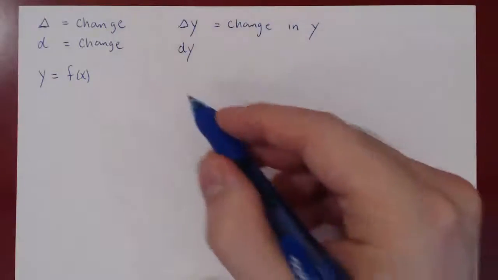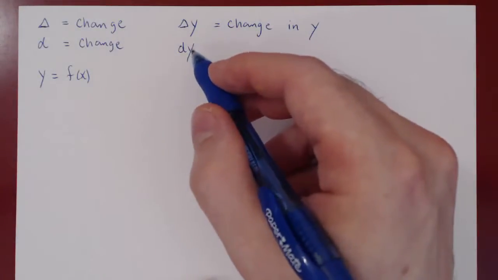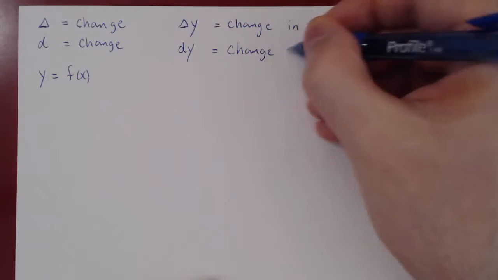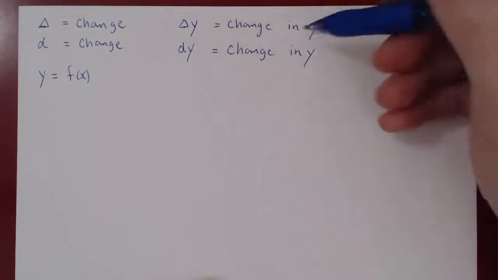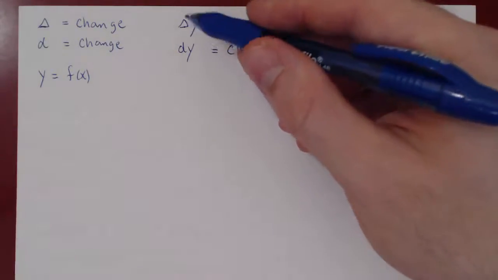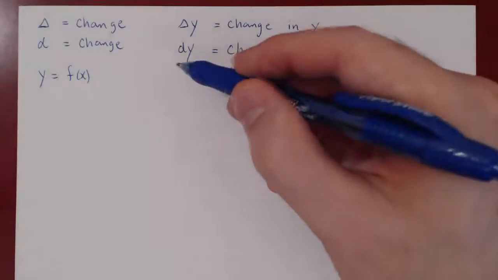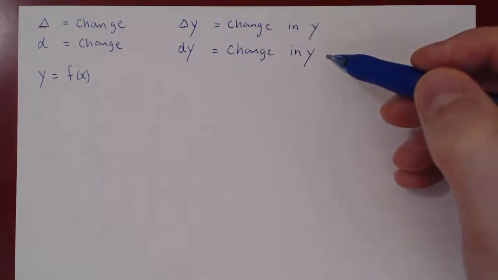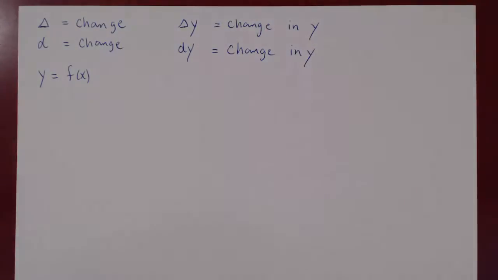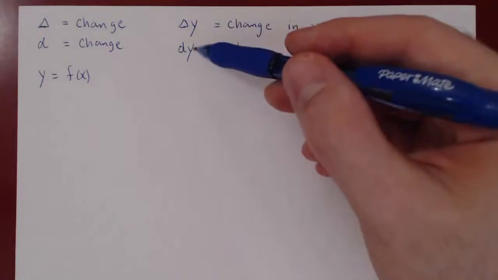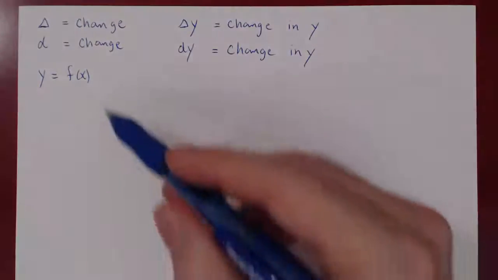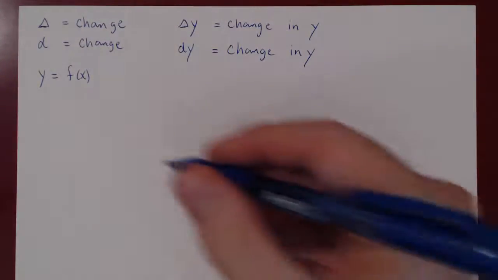D also means change, so this also means a change in the y variable. So it looks as if on the surface, these two are the same. Delta y is a change in y, dy is a change in y, so it looks like they're exactly the same. Let's look at a picture that will show us that they're not exactly the same, but they're very close to each other as long as we have a small change in the independent variable.